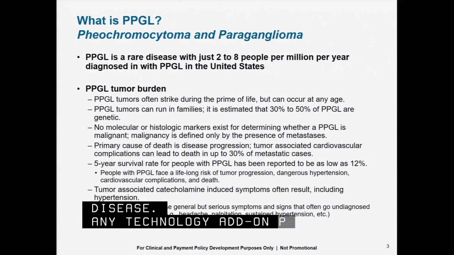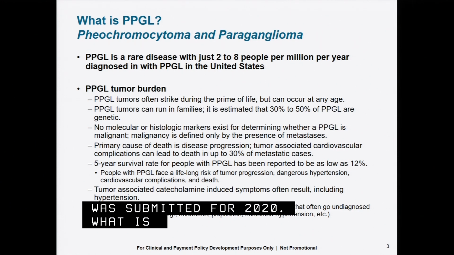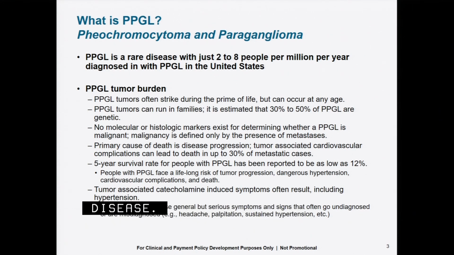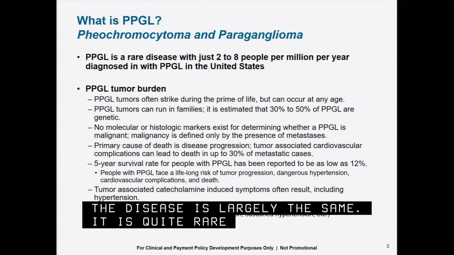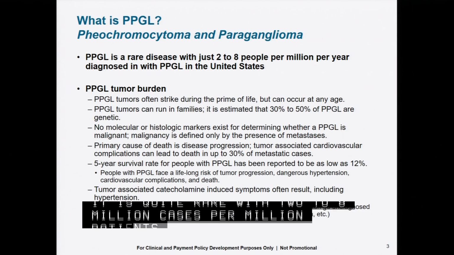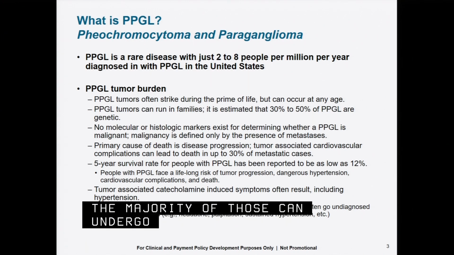So what is this disease, pheochromocytoma and paraganglioma? Two names just determining the location of origin of the disease, although the disease is largely the same. It's quite rare, with 2 to 8 cases per million patients per year. And the majority of those can undergo curative intent resection, and so only a subset of those patients have advanced disease requiring systemic therapy.